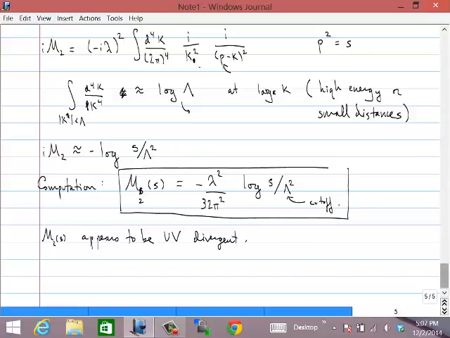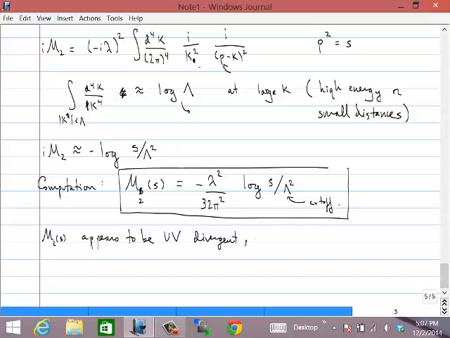But let's think about this expression for M2 here. M2 is UV divergent, but it's written in terms of a coupling lambda, and we haven't been very careful about specifying exactly how this coupling lambda is defined.